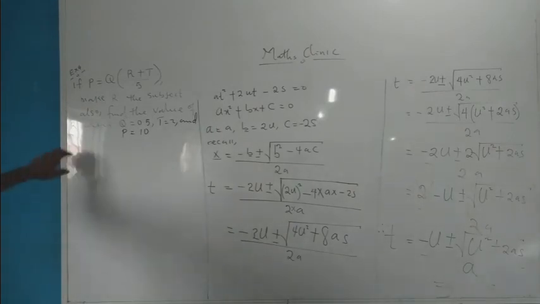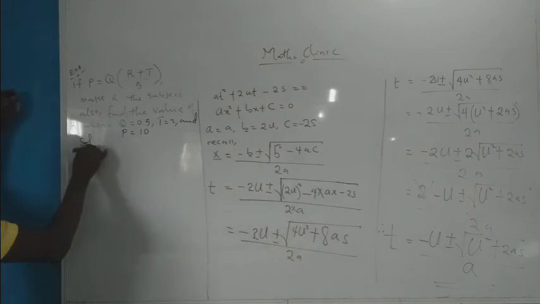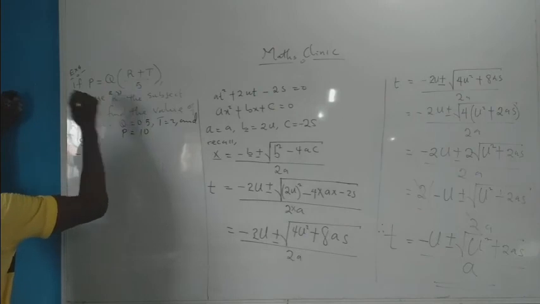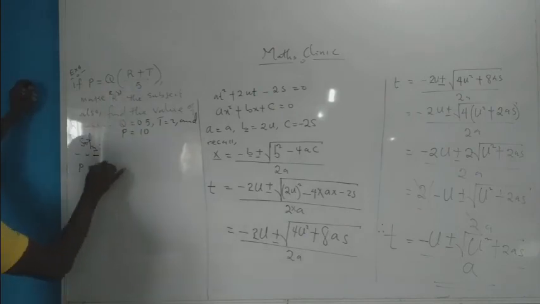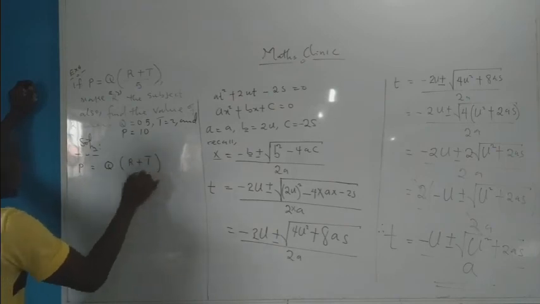Then we also find the value of R. Okay? First of all, you need to make R the subject. With R the subject of the formula, we have P to be equal to Q into bracket R plus T, everything over 5.